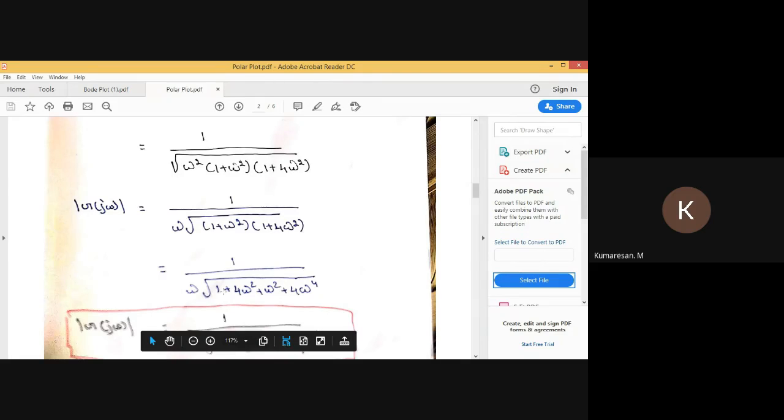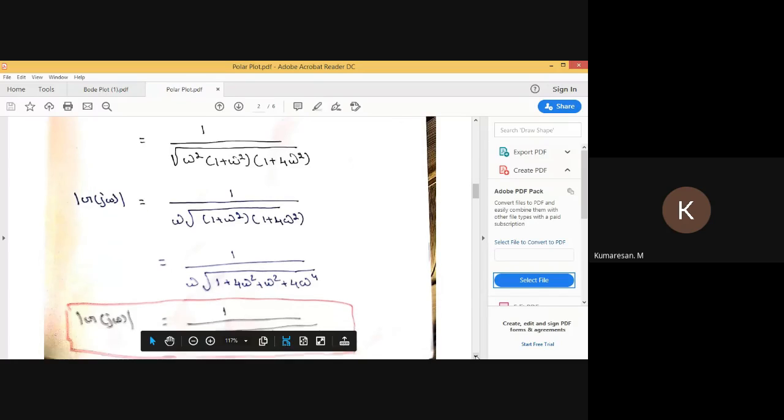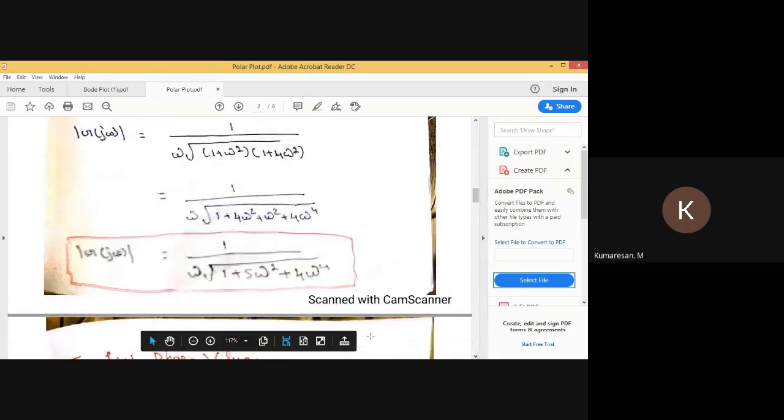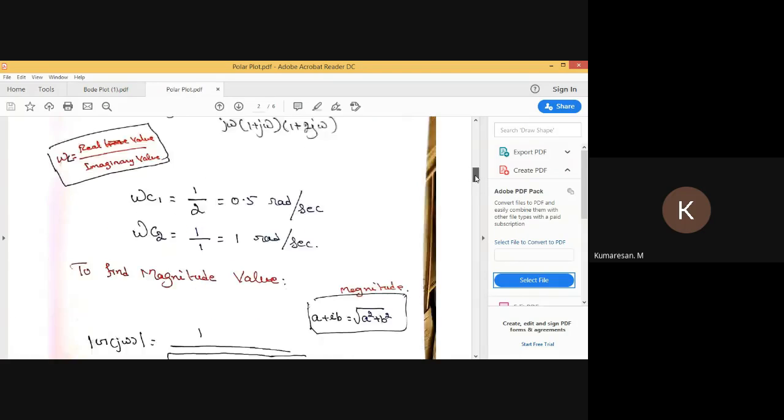So we have in the root 1 plus 4 omega square plus omega square, which is nothing but 5 omega square, plus 4 omega power 4. So finally we get the magnitude equation: magnitude of G of j omega equal to 1 divided by omega root of 1 plus 5 omega square plus 4 omega power 4.